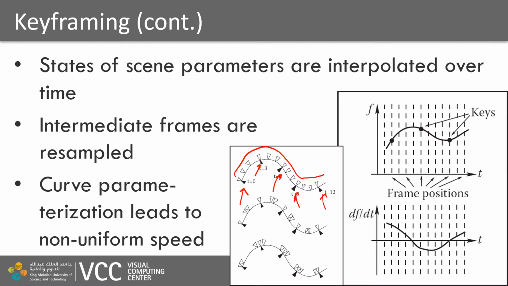But this doesn't need to be always the case. It just depends on our interpolation function. Sometimes another approach is desired. For example, we can see here another interpolation scheme where the keyframes are placed exactly in the same way as in the example on the top. However, the interpolated frames are placed totally differently.